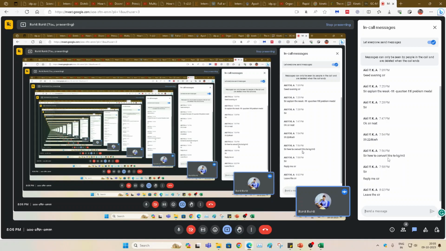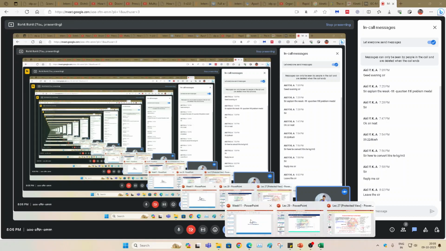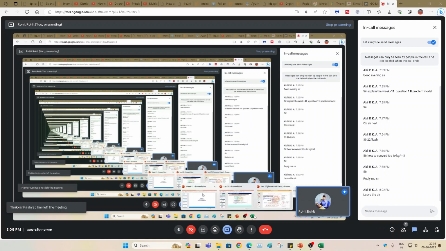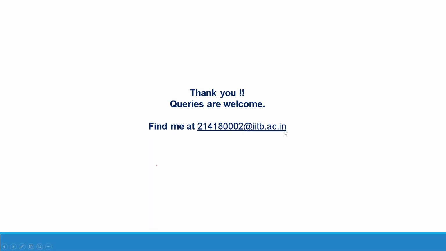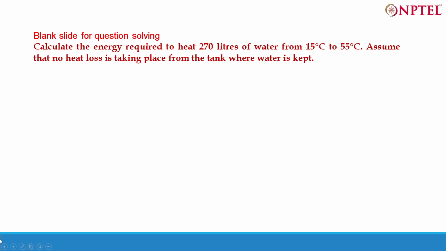It's simple. 1 liter is 0.001 meter cube, so once you know the meter cube, you can multiply it with density to convert it. Now let's solve this and see whether his answer is correct or not. I have changed it to 10 and this is 60.